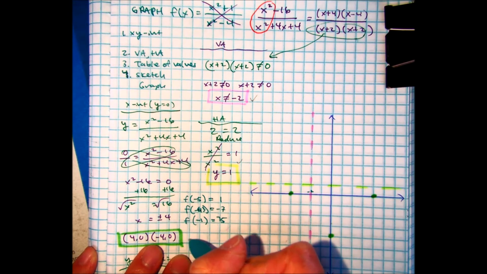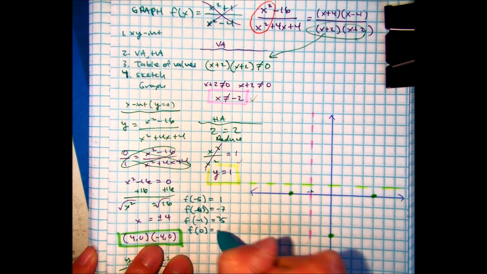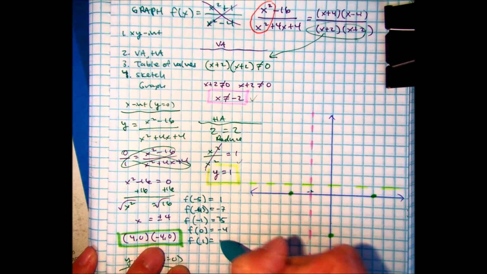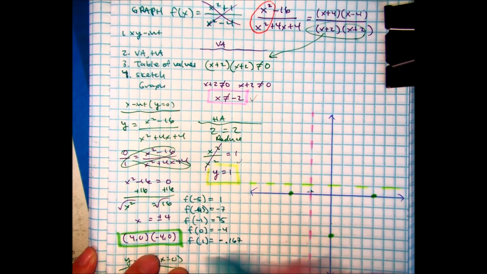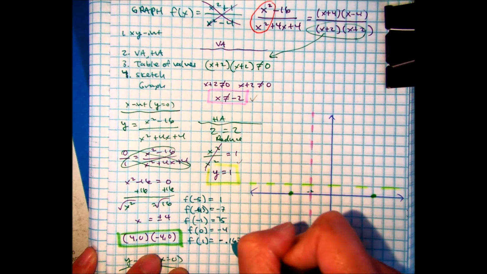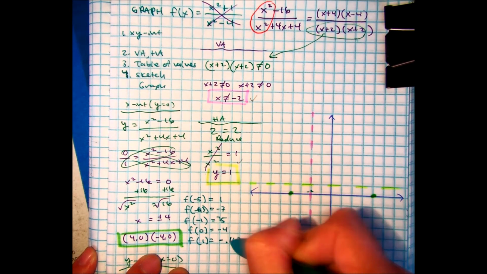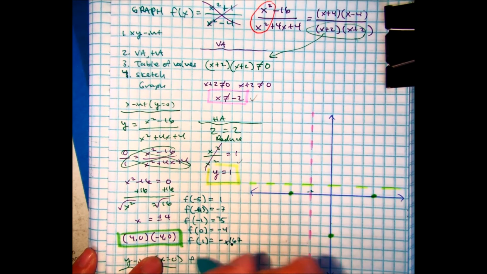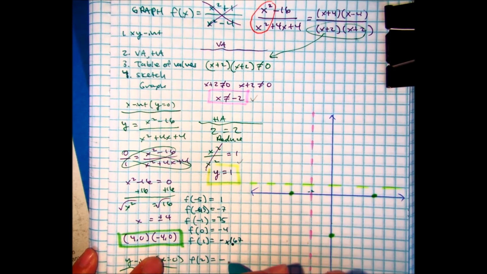Sure. Okay. So for 0, I got -4. 1, I got -1.67. And then 2, I got -0.75.